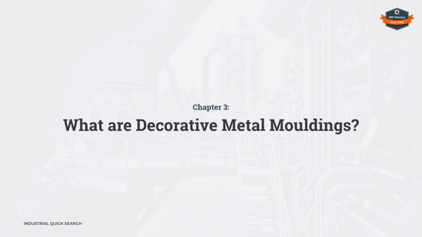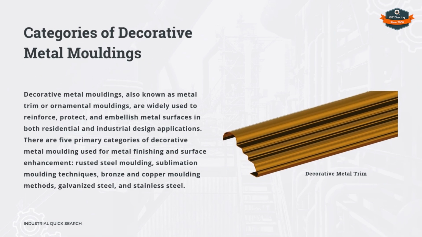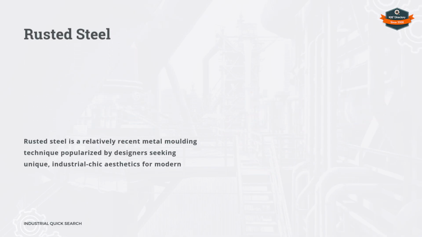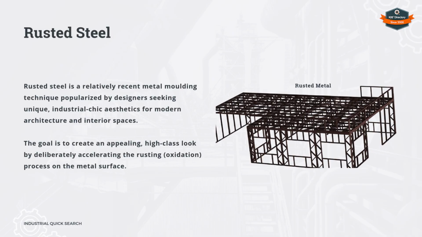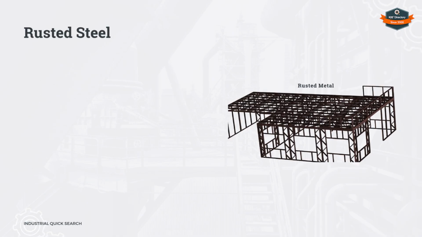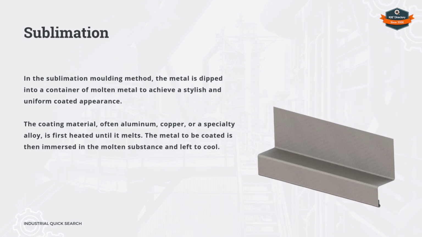Chapter 3. What are decorative metal moldings? Categories of decorative metal moldings. Rusted steel. Sublimation.